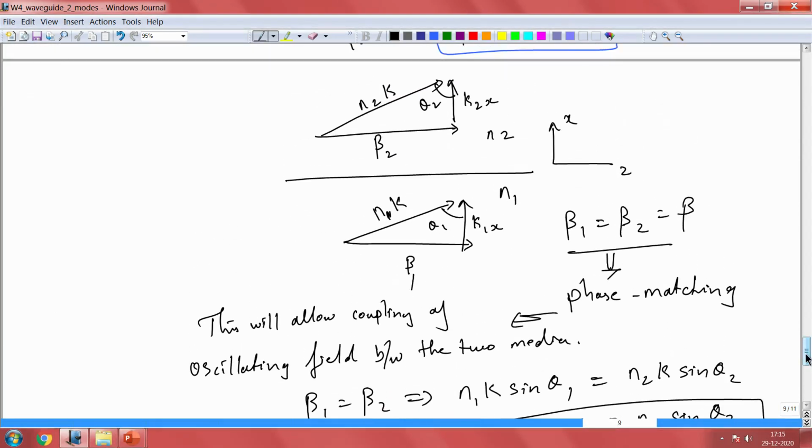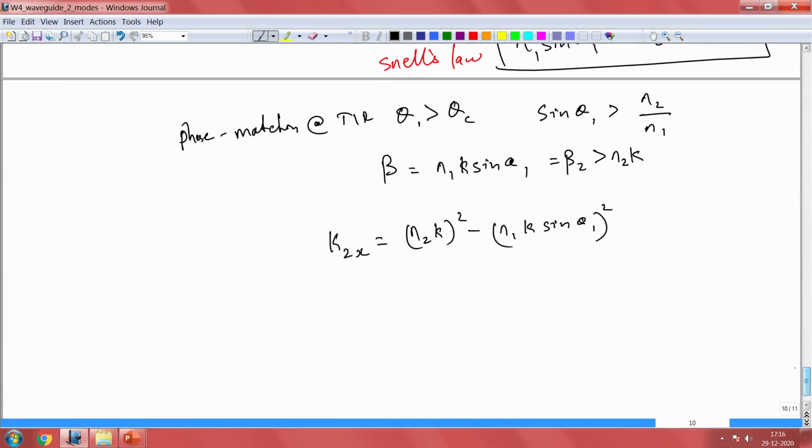If you want me to write, we can write it here. So, beta 2 square plus k2x square will be equal to n2 k the whole square. Alright, so this is simple Pythagoras. We are taking that and modifying it a little bit, moving it this side. This is what you get.